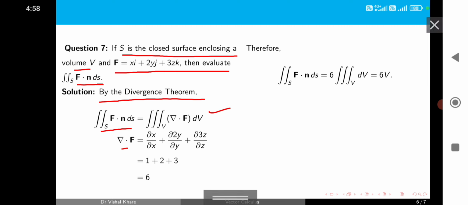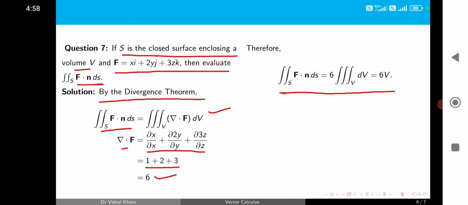So the divergence of F you have to find in this way: del x by del x, and del of 2y by del y, and del of 3z by del z. So it is equal to 1 plus 2 plus 3, which is equal to 6, and put these values in this integration.